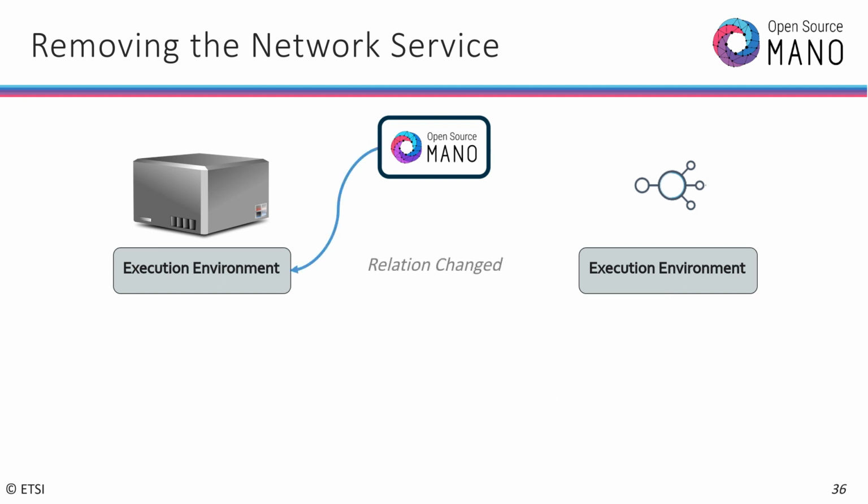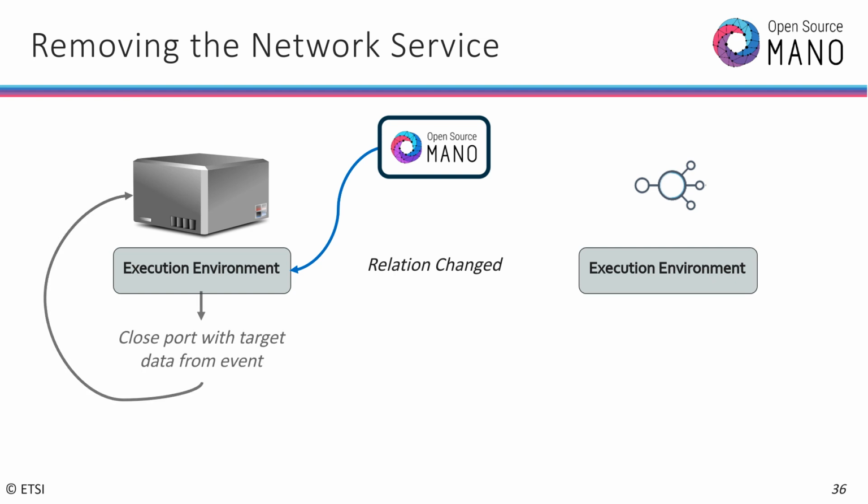OSM will then turn around and let the execution environment know, hey, somebody sent me updated data. The relation has changed. Here's your new information. And it will go ahead and close that port with the target data from the event. So this is a very simple data exchange.